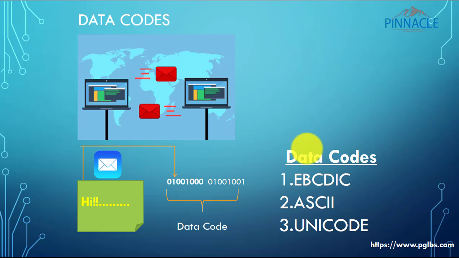So people came out with a new data code mechanism called Unicode. Unicode stands for Universal Character Coding Standard. What exactly is it? It assigns a code to every character and symbol in every language in the world.